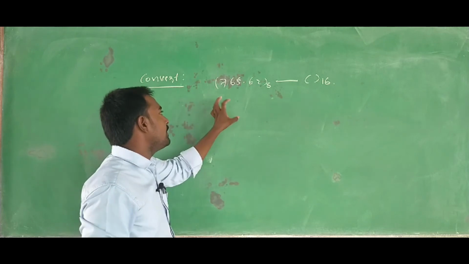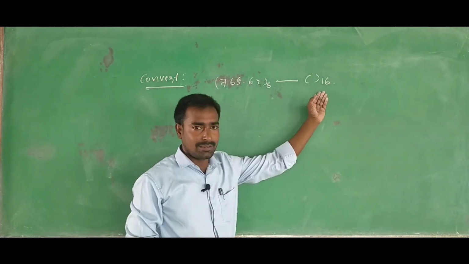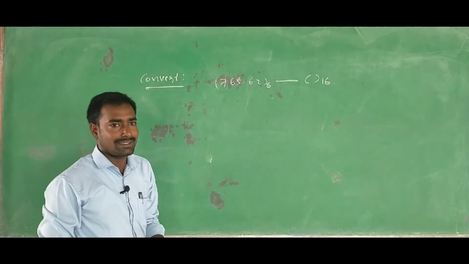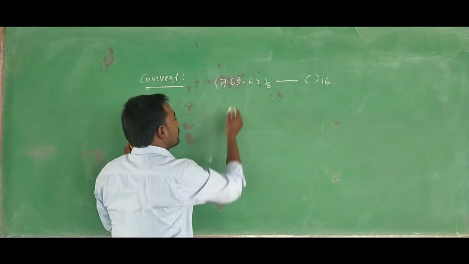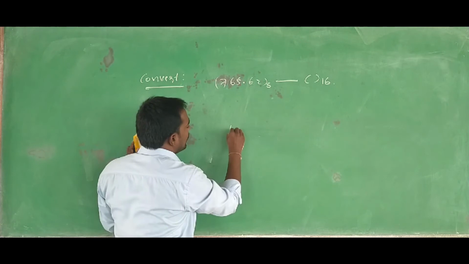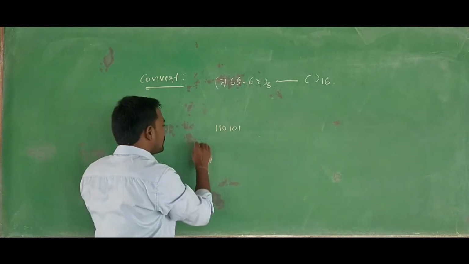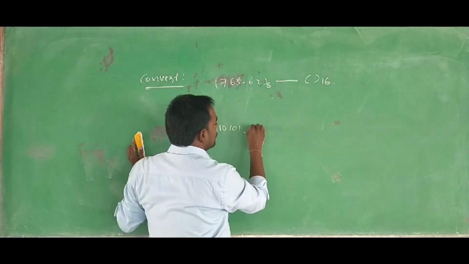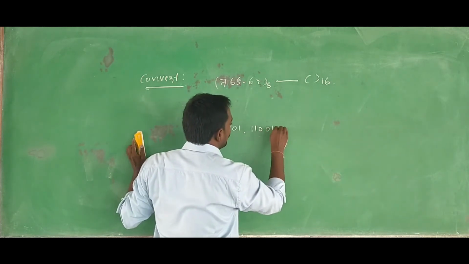When we are converting the octal number into hexadecimal, we have to take the equivalent values of 4 binary digits. Before the radix point we have 5 is equal to 101, 6 is equal to 110, and 7 is equal to 111. After the point, 6 is equal to 110, and 2 is equal to 010.